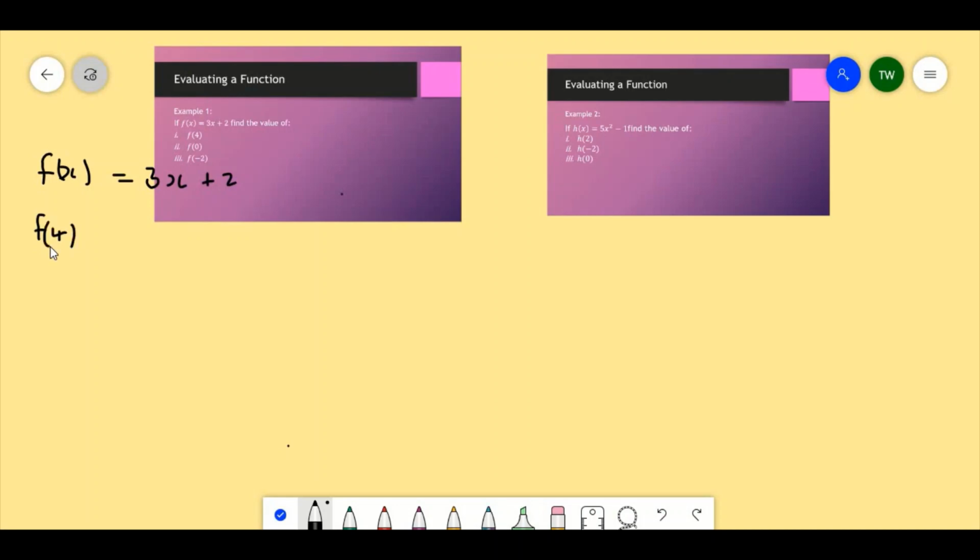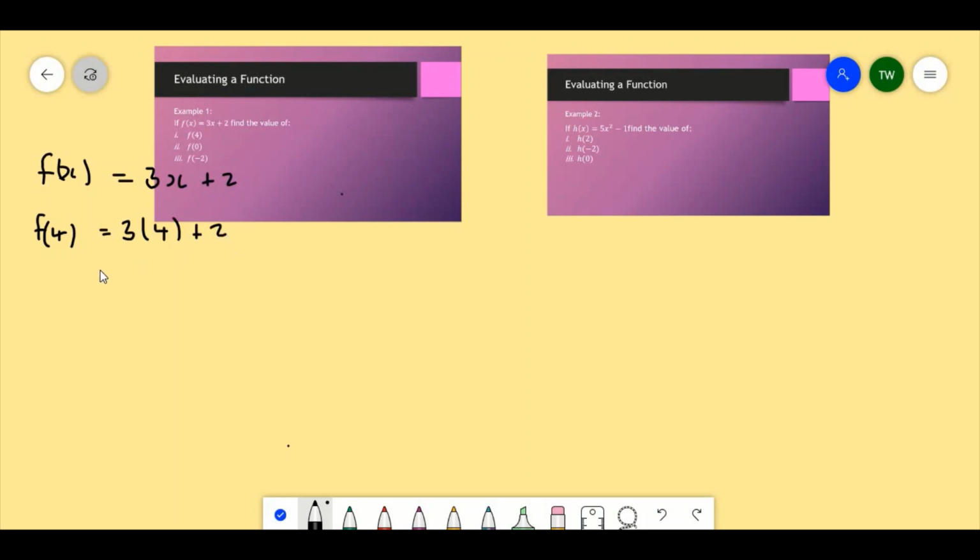Remember that this 4 here is the input value. So wherever we see x in this expression, we are going to replace x with 4. So f of 4 is therefore going to equal 3 times 4 plus 2.